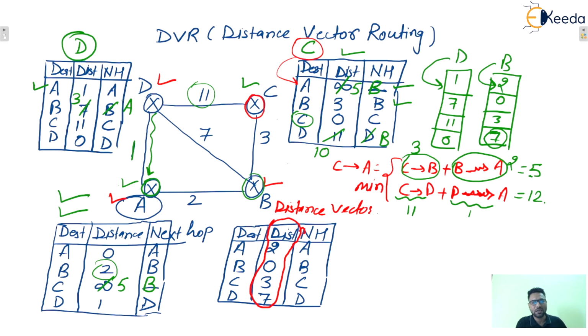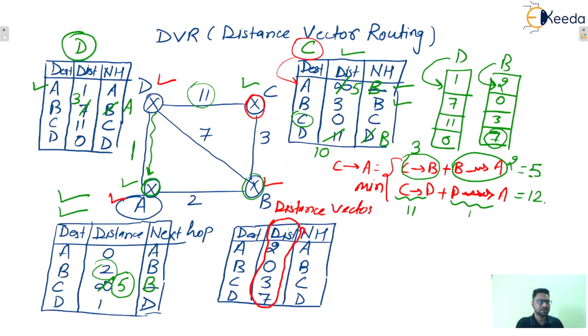Then D to C, there are various paths. We can go via A, via B, or via C. D to C, we can go via A. A says that if you come to me, then I will send you to C with the distance 5.